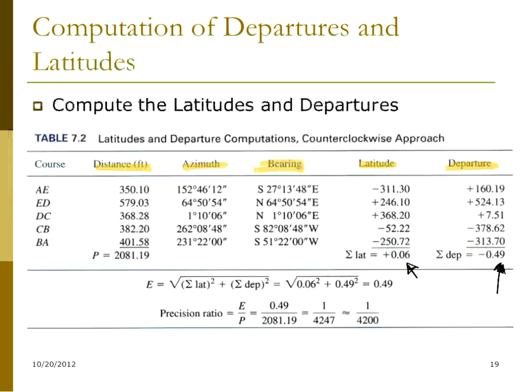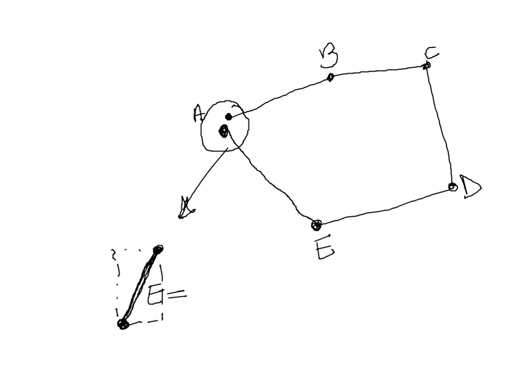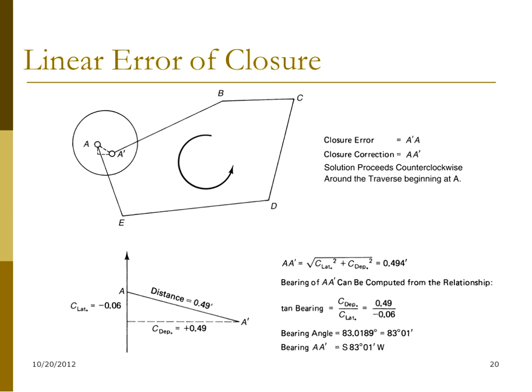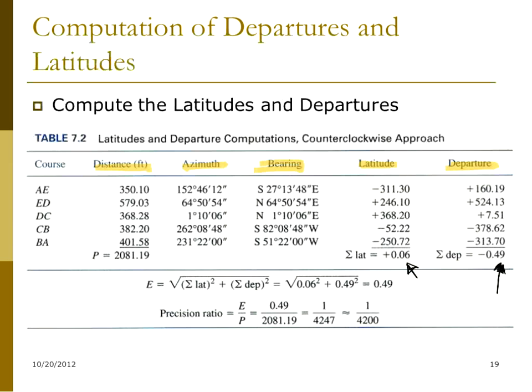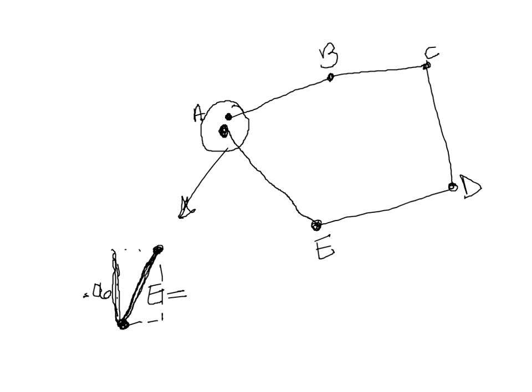But this latitude of plus 0.06 implies that your 0.06 here is off, and this 0.49, it's actually negative, so I drew this the wrong direction, because remember, you have to travel in one direction, whether it be clockwise or counterclockwise.